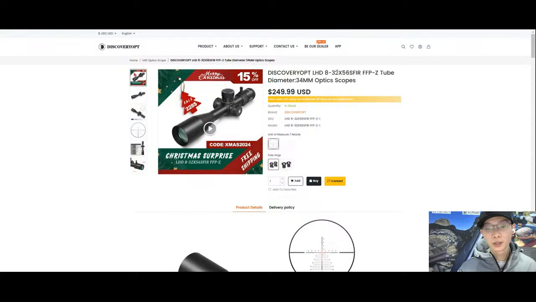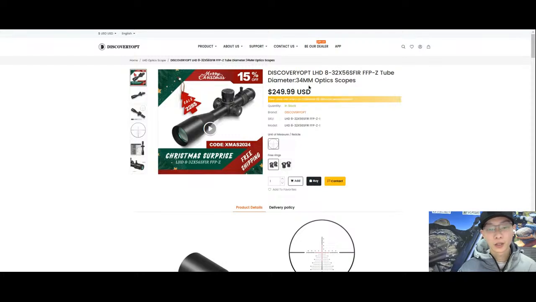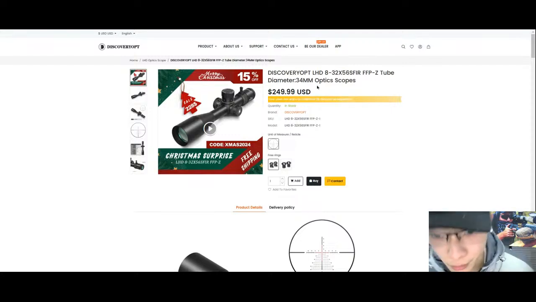If you look at this specification and this price range, you might wonder how to choose between this and the ED PRS 5 to 25. In my opinion, the easy way is that the ED5 to 25 is designed for PRS or NRL22 shooters who care about speed.